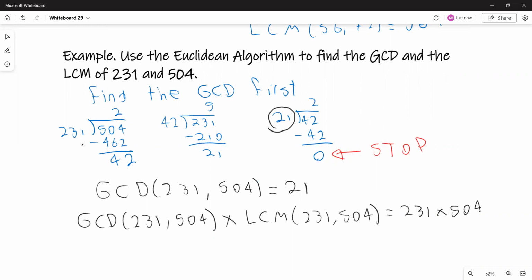Okay, so that's 21 times the least common multiple, which we haven't found, and the product of these two numbers is 116,424.